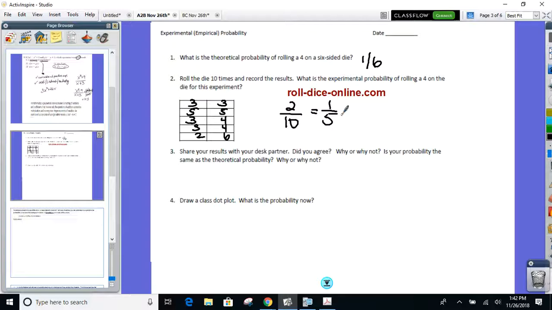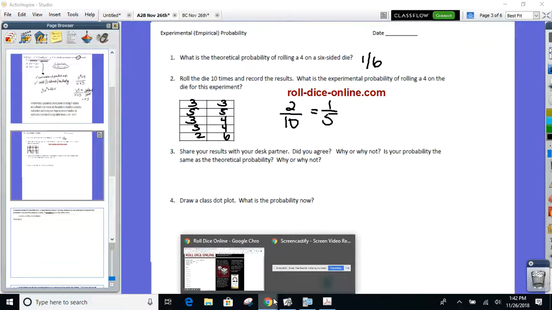Did any group have everyone get the same probability? Everyone, not like you had a match. Everyone. Probably not, right? Huh, okay. How close did your experimental come to your theoretical? Like mine was 1 out of 5.